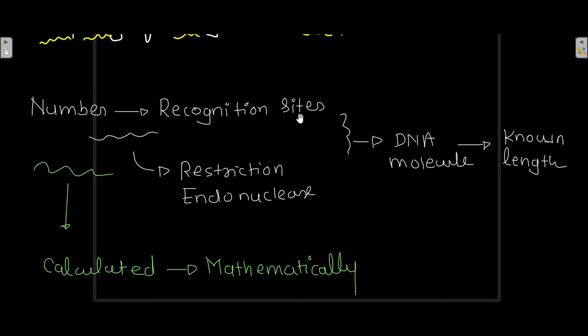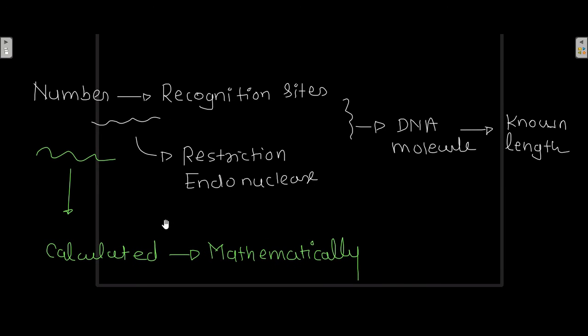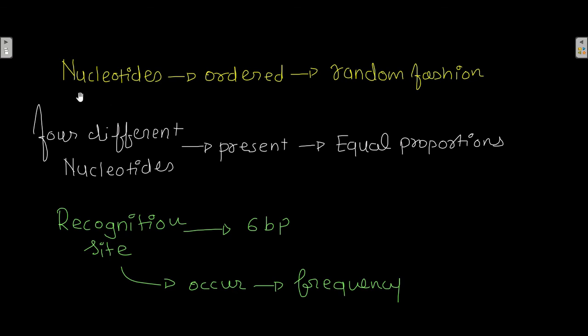That number can be calculated. Assume that the nucleotides are ordered in a random fashion, and the 4 different nucleotides are present in equal proportions.